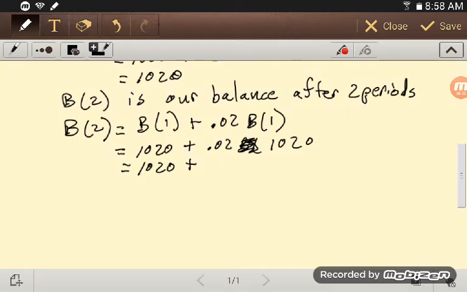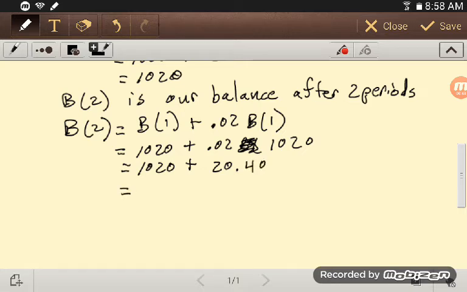2% of 1,020, well, that's the $20 for the 1,000 part, and then 2% of 20 is 40 cents. And so what we have here is $20.40.